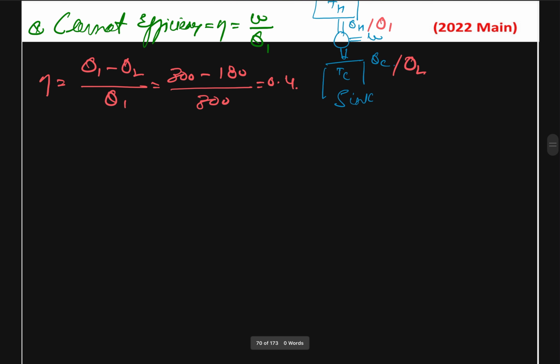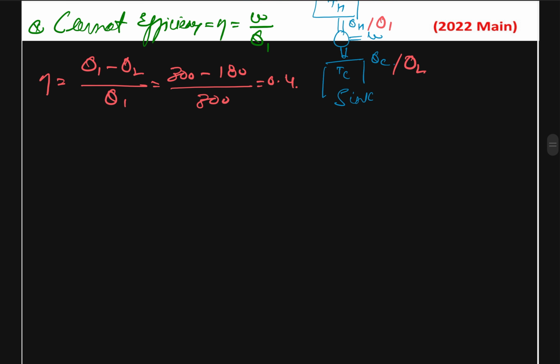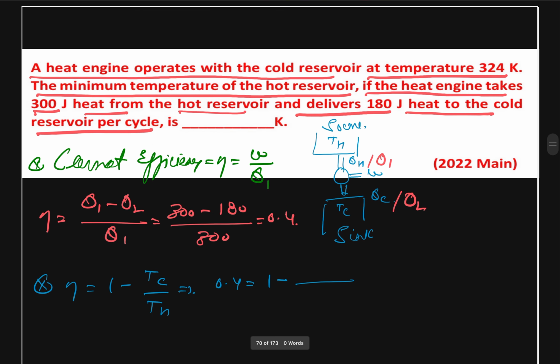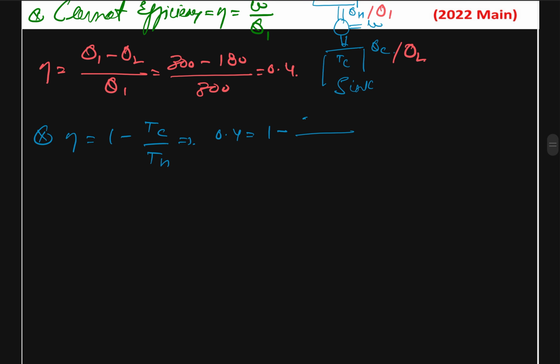Now we can use our basic formula that efficiency is equal to 1 minus temperature of cold divided by temperature of hot. Efficiency we found out is 0.4, which is equal to 1 minus cold temperature 324 upon temperature of hot.